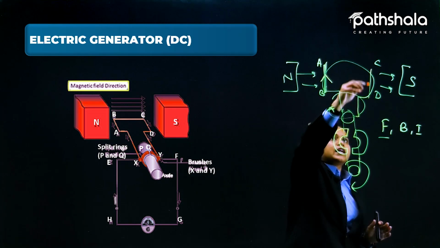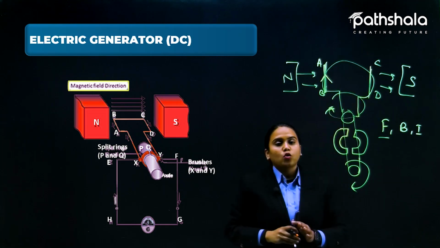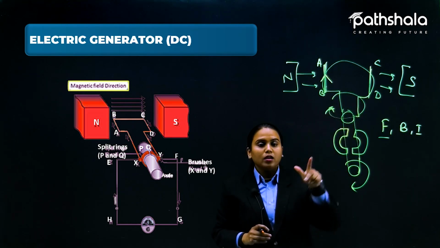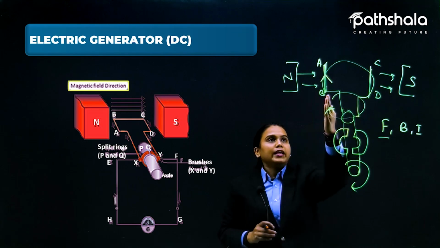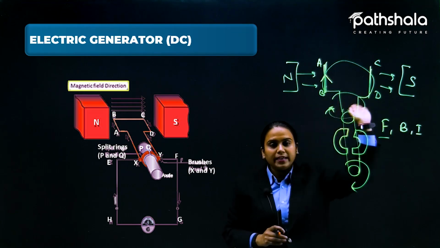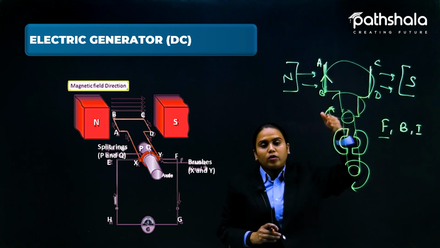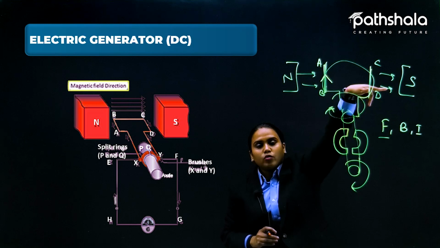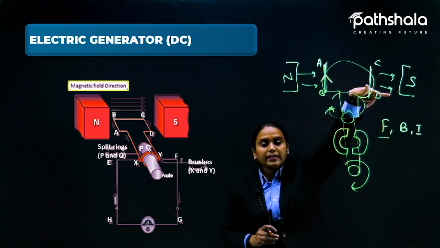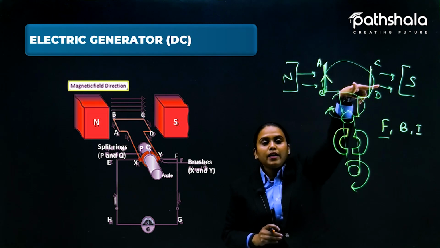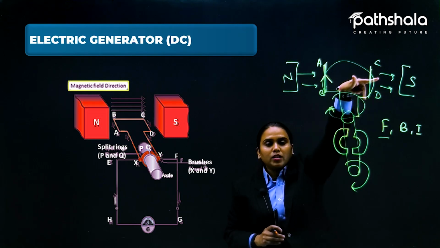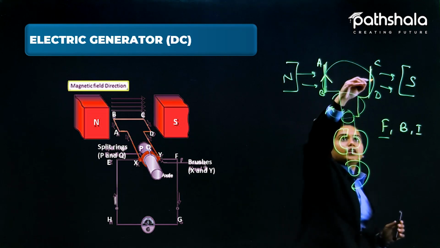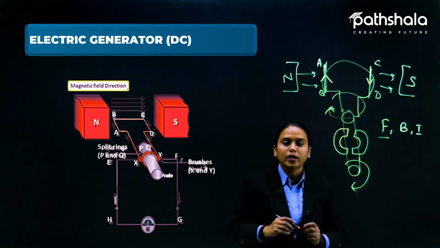And for this particular side, this is the CD side. When AB is coming upward, then CD will go downward, inside the board. And with the magnetic field from north to south, the direction of current is in the downward direction.